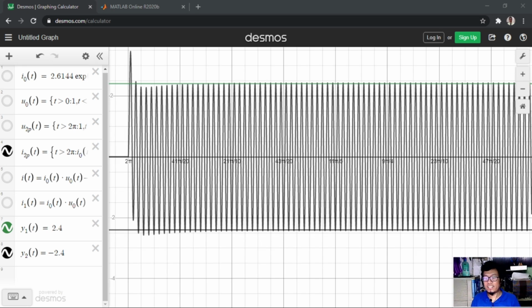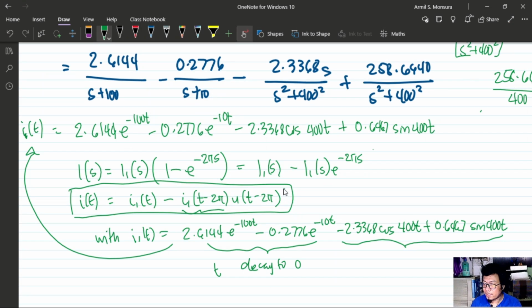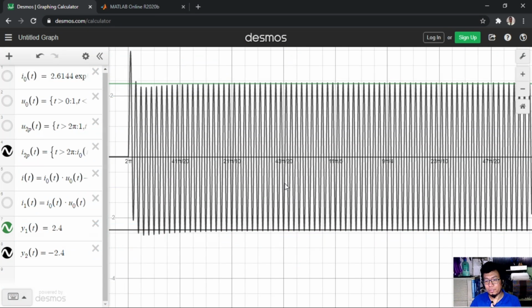Here, yan. That same version of the signal. Ito yung term na to, that's the second two terms. You will notice that they have the same shape. It's just that it now starts at 2 pi.